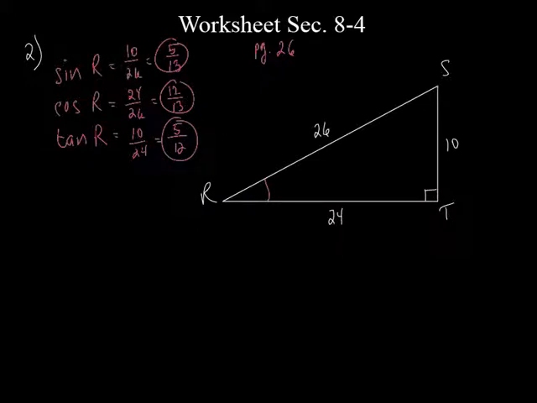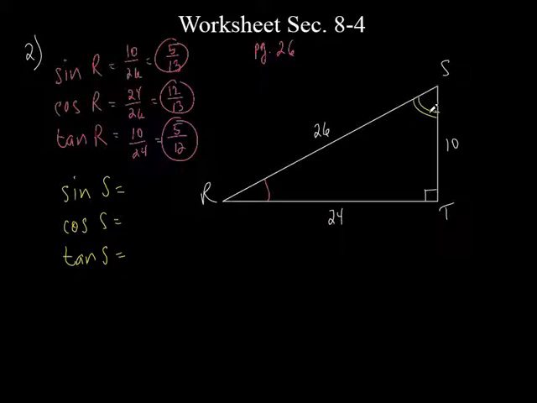Alright, now we have to do the same thing for angle S. See, the work's not that hard, it's just a little bit of writing. So let's write down sine, cosine, tangent, but we're doing this for angle S this time. Alright, let's see what we have. So we're going to come up here and we're looking at this angle. And we're finding the sine, cosine, and tangent.